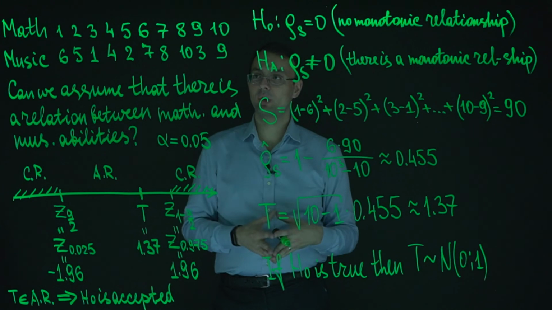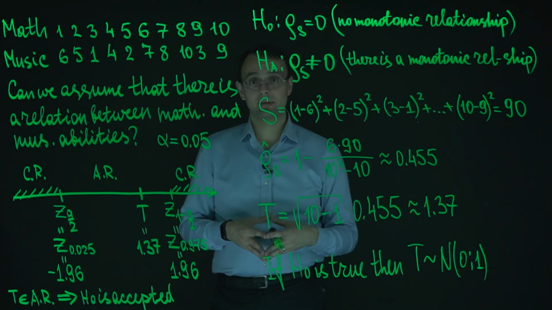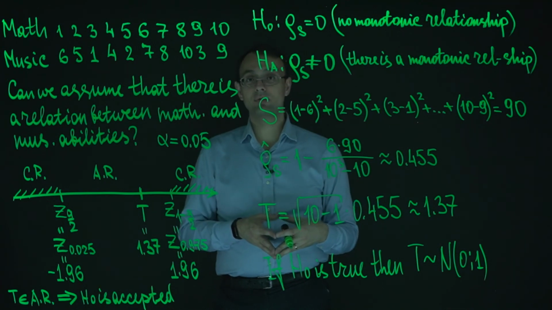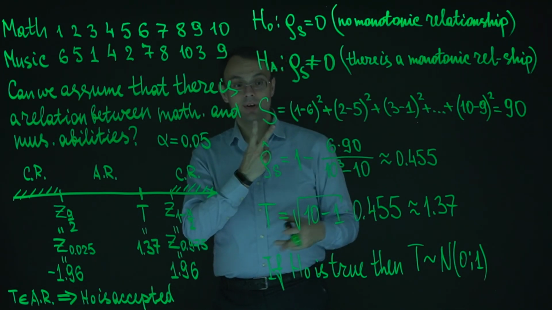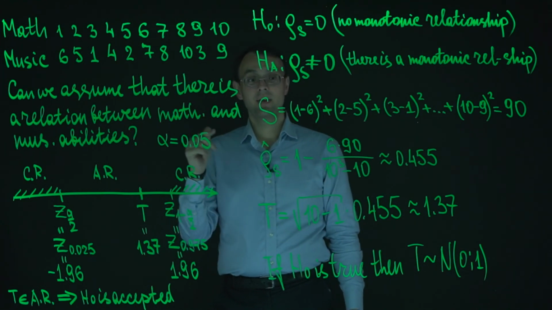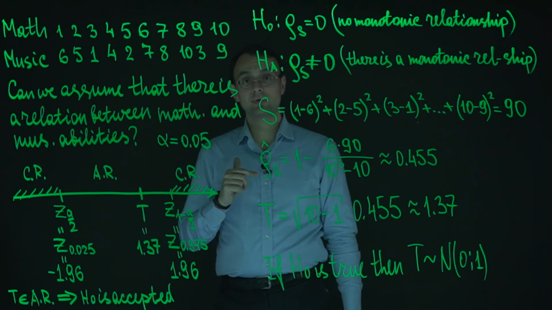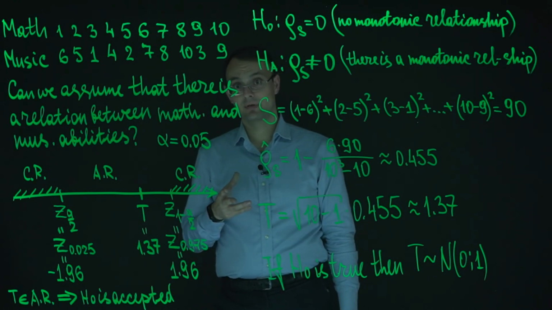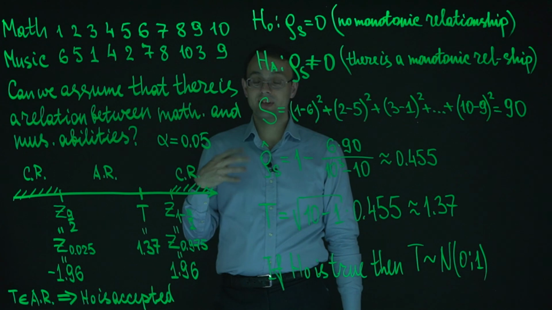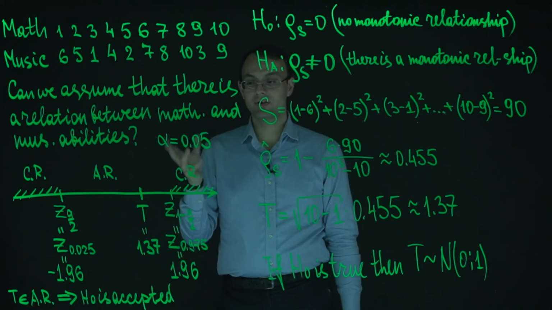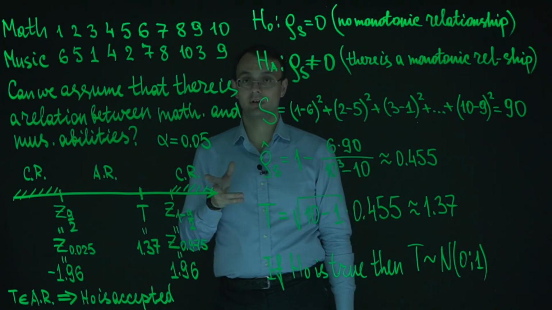How can this be true? This is because of the small sample. For example, if you have just, I don't know, 2 observations, the coefficient can even be equal to 1, but still this won't be enough to reject the null hypothesis, because the sample size is too small to say that this cannot happen just accidentally.